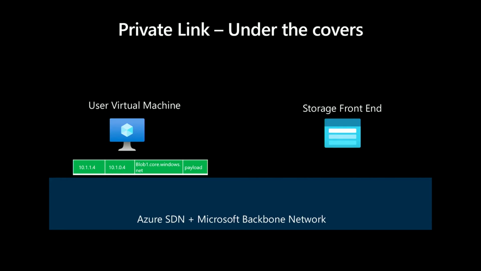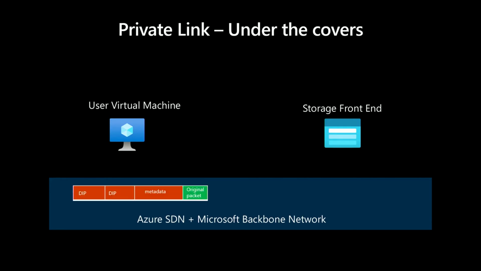Next step, that packet then drops down to our host. What you see here is our host SDN plus our Microsoft WAN backbone network. When that packet drops, as you see, I retain the green portion of it, which is the private portion. I do add an encapsulation layer to go from what I call a DIP, the data center IP address.